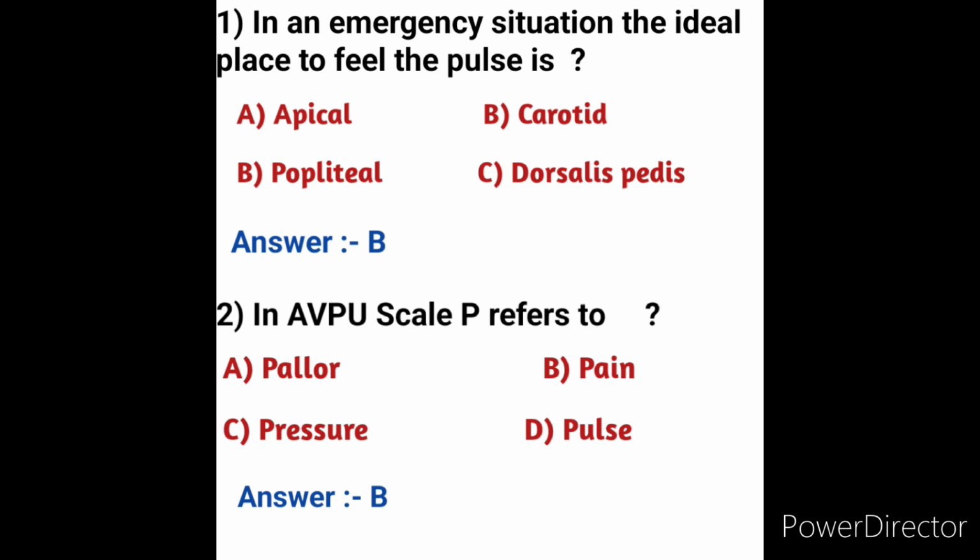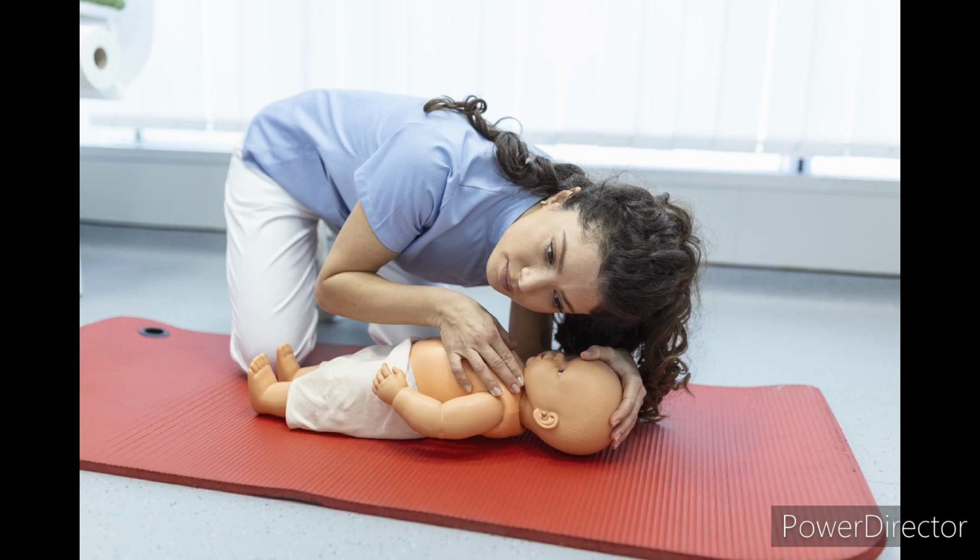Your carotid pulse can be taken on either side of your neck. Put the tip of your index and long finger in the groove of your neck to feel the pulse in your carotid artery. For the assessment of carotid pulse, in pediatric, neonate, infant, adult, all age groups we check only the carotid pulse.